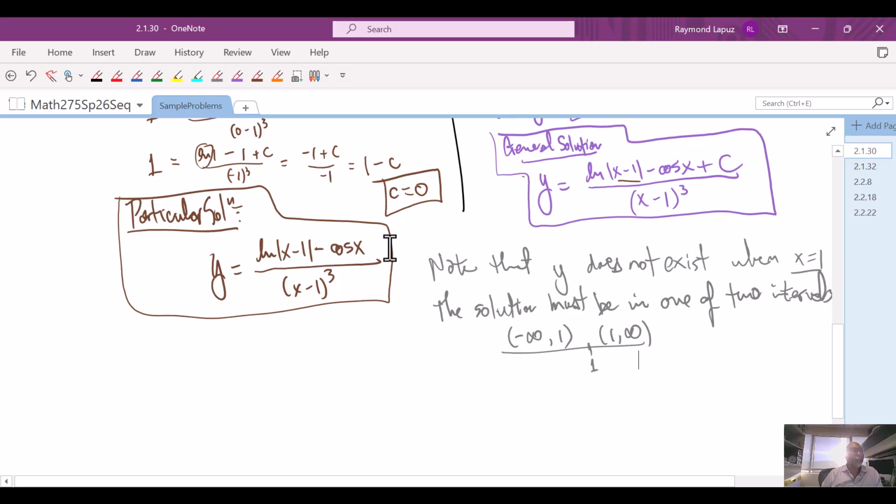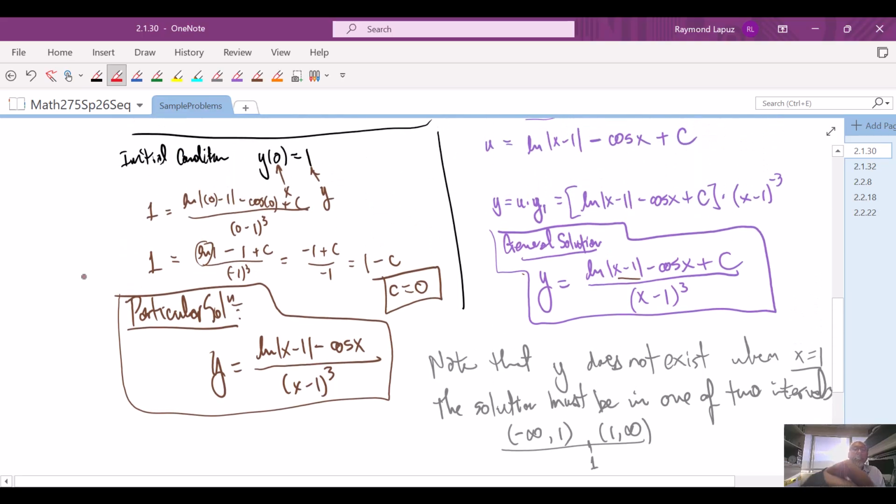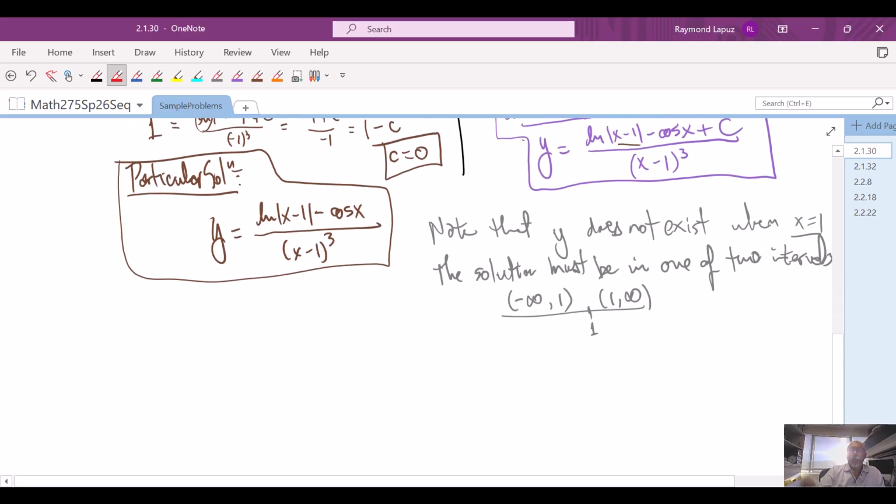Okay. Now, your initial condition has an x is equal to 0. That's your initial condition, x is equal to 0. So x is equal to 0 is sitting right here.